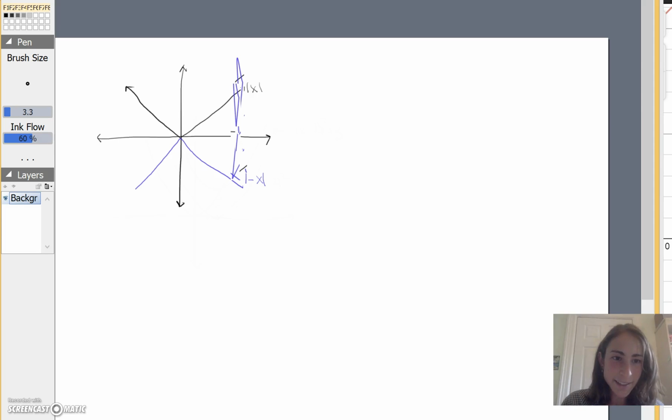Let's go back. If I switch to negative x, I'm reflecting this way, right? So this arm goes to this side, and this arm goes to this side. So the graph of absolute value of negative x actually looks the same.